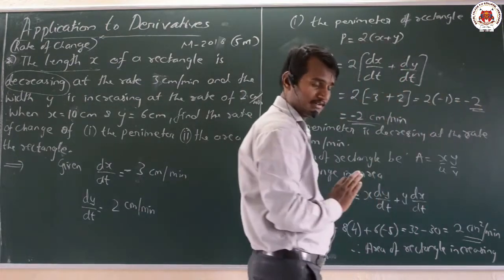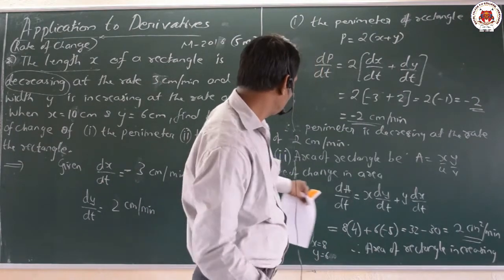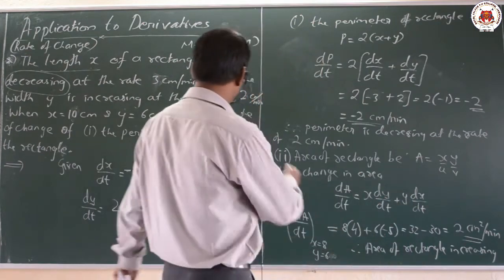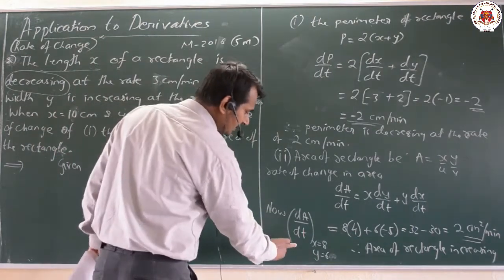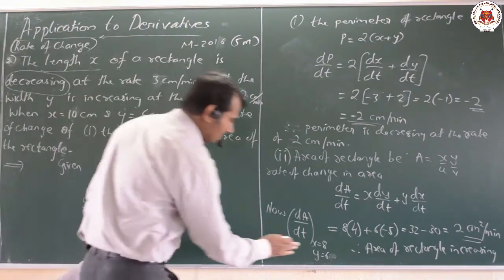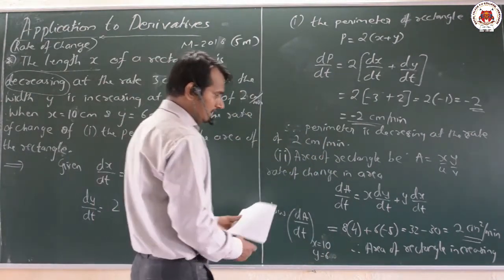The same thing we are getting, the first thing. Then the area of the rectangle A is equal to x into y. The rate of change of area, everything will be the same because we require to find the area of the rectangle here. One more thing, dA by dt I require to find at x equal to 10 and y equal to 6. So what do we get? I will substitute.